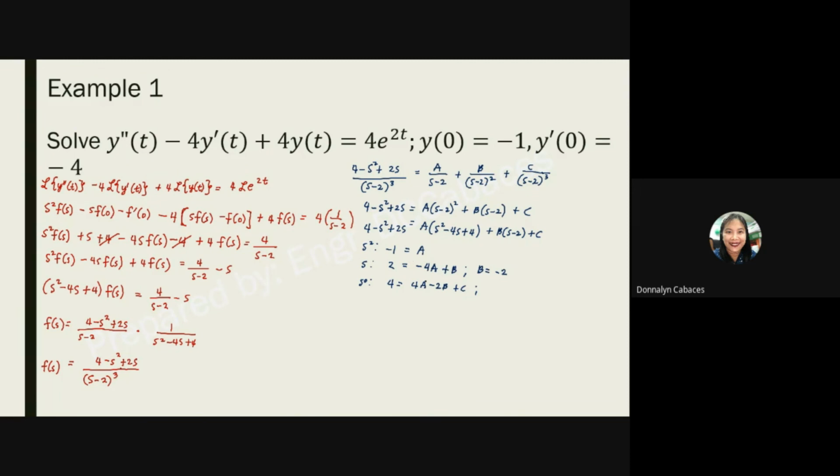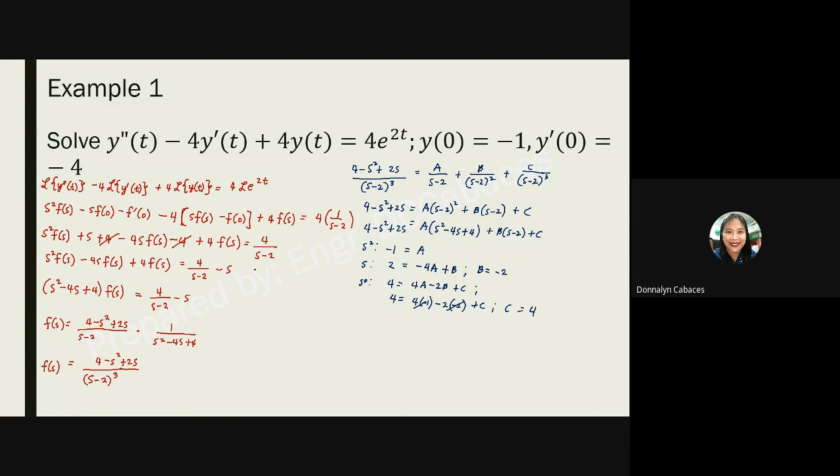So you have here 4 is equal to 4 times negative 1 minus 2 times negative 2 plus c. Sorry, that's 0. So you have here c is equal to negative 4, positive 4, 0. So you have c to be equal to 4.